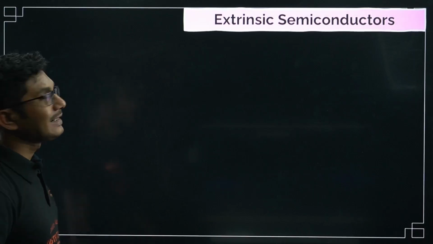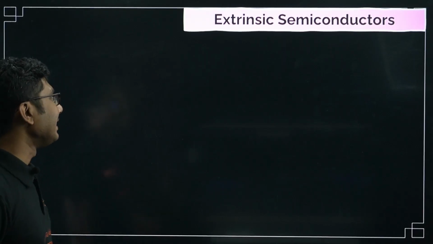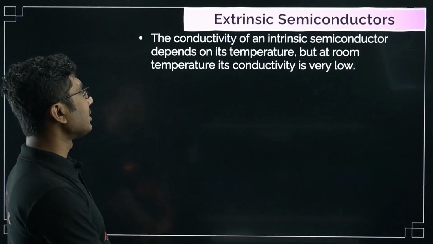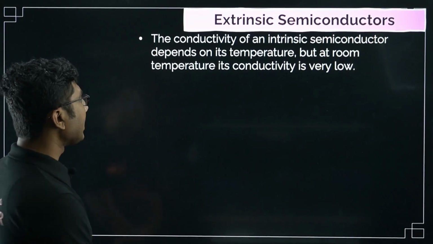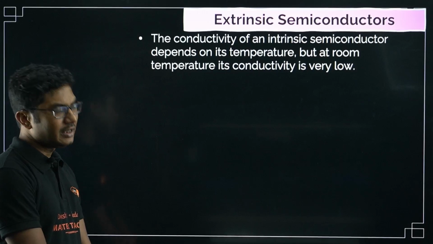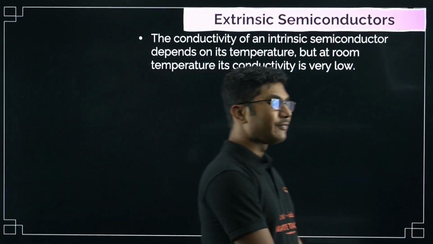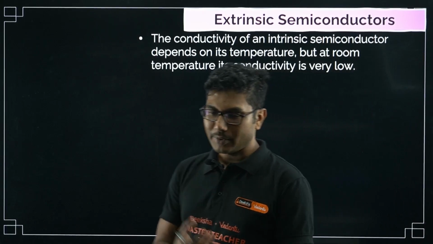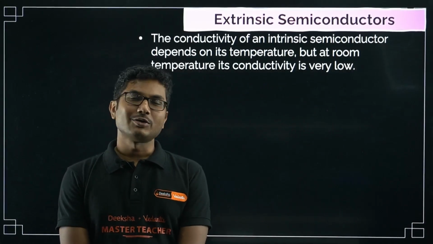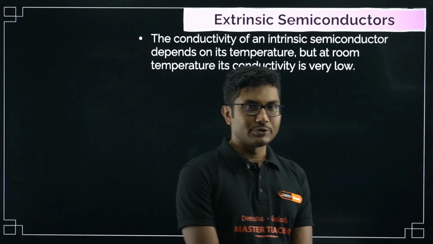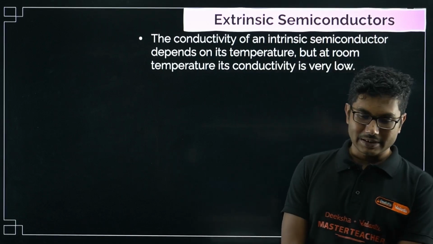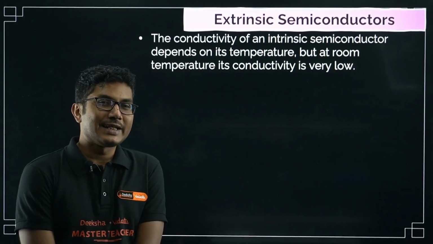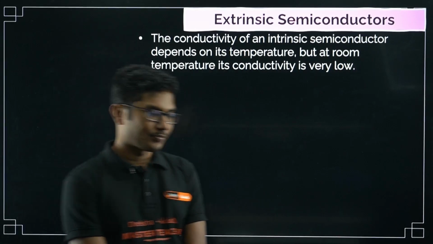Now extrinsic semiconductors, from here things get interesting. The conductivity of an intrinsic semiconductor depends on the temperature, but at room temperature its conductivity is very, very low. So suppose you made a computer chip based on an elemental semiconductor, silicon or germanium, and now you want to design a mobile phone using it.